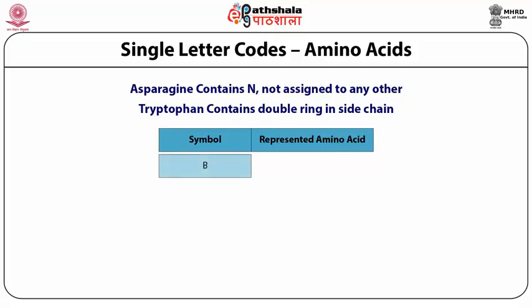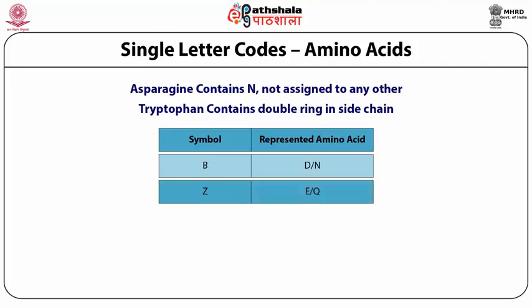B is assigned to either D or N, Z is assigned to either E or Q, and X for any amino acid.